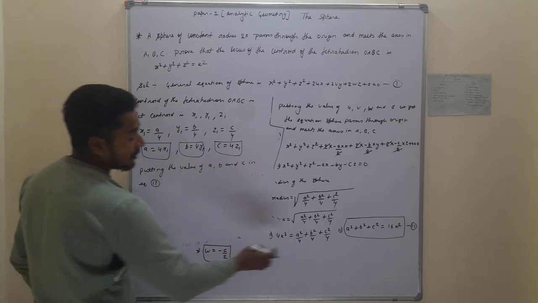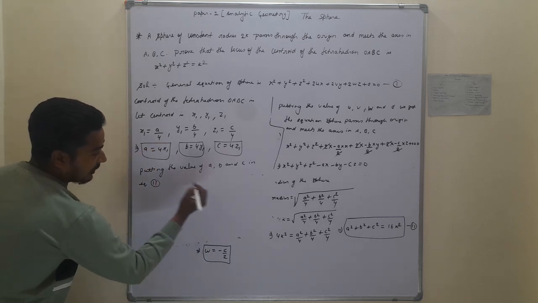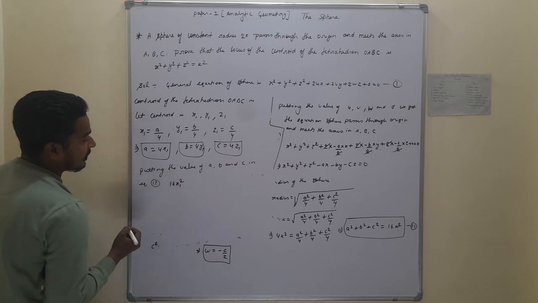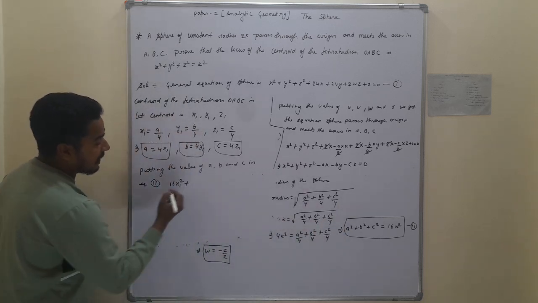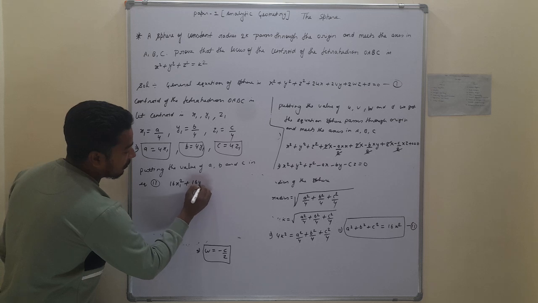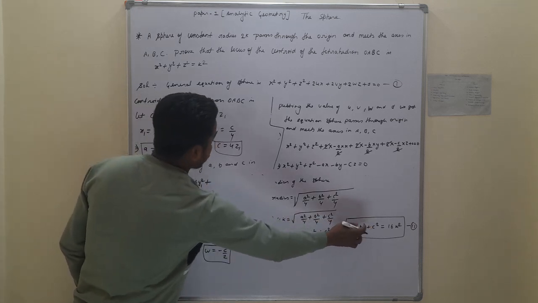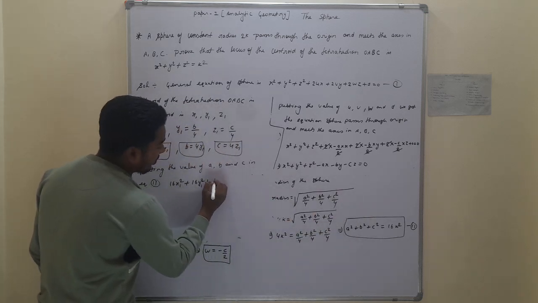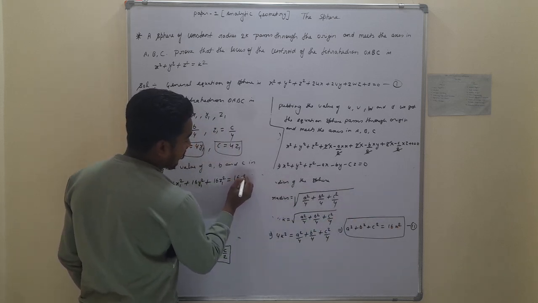Putting here a square is 4x1 whole square, 4 4 is 16, x1 square, plus b square, b is 4y1, on squaring you get 16 y1 square, plus c is 4z1, on squaring you get 16 z1 square, is equal to 16 k square.